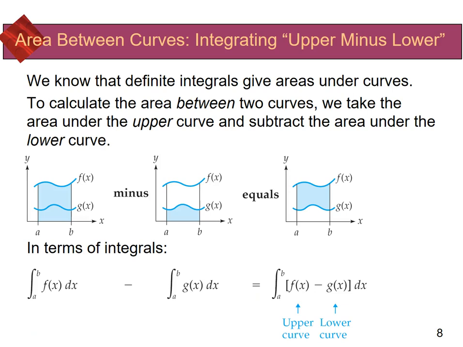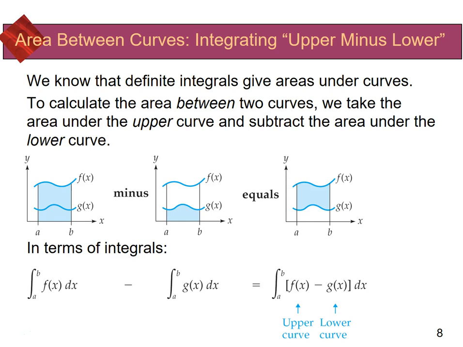So as far as area between curves go, what you essentially need to keep in mind is that when you find the area between curves, you always want to do the upper curve minus the lower curve, or essentially you're doing an integral of the upper curve minus the lower curve.